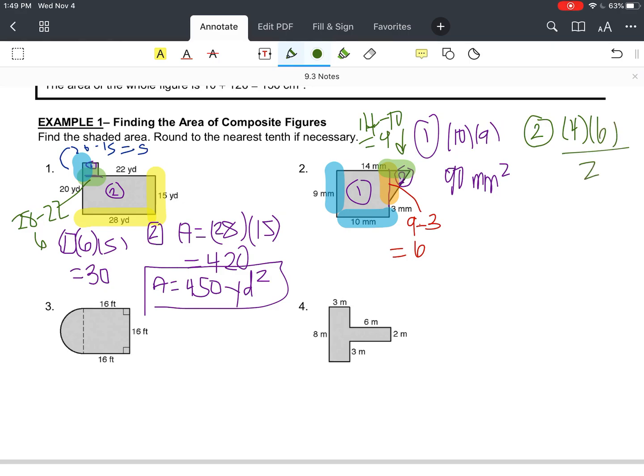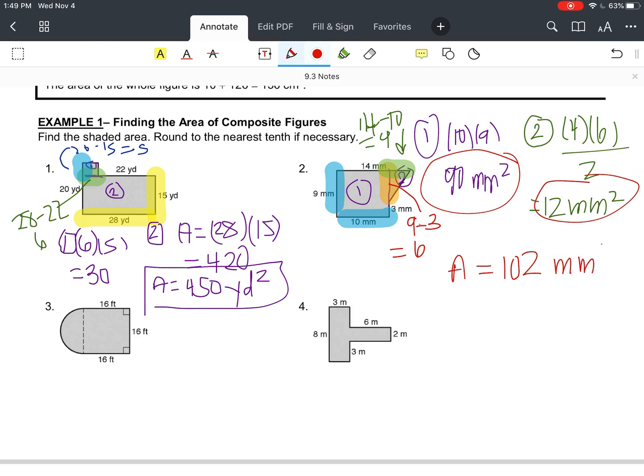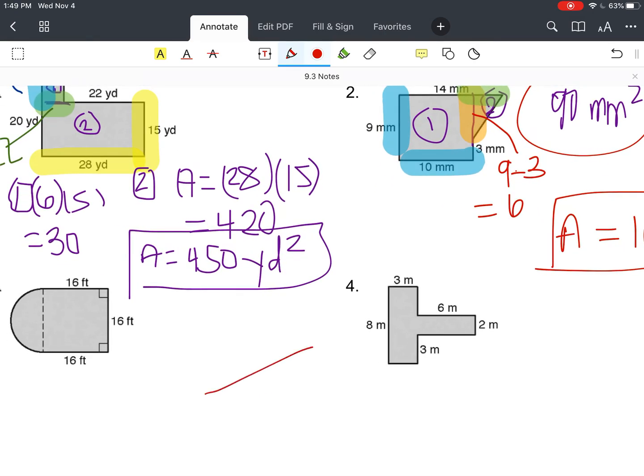So for figure 2, it's a triangle, so it's going to be base times height divided by 2. People tend to forget dividing by 2 for triangles. Don't be that person. And you get 12 millimeters squared. So now I can add my two answers, 90 and 12, and I'm going to get a total area of 102 millimeters squared.